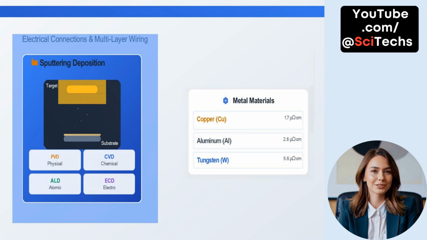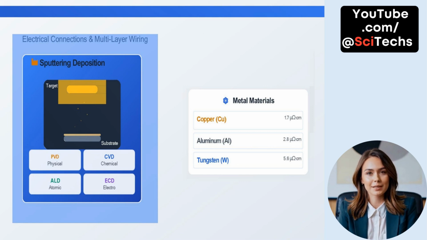Sputtering deposition is a physical vapor deposition, PVD, method used to create conductive layers for electrical connections and multi-layer wiring in semiconductor devices. In this process, energetic ions strike a metal target, ejecting atoms that then condense on the substrate to form a thin film. Sputtering enables precise control over film thickness and composition.